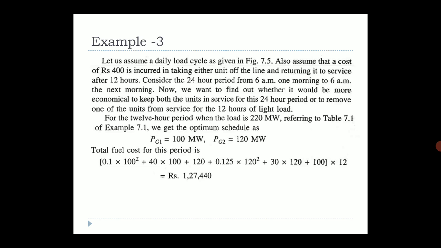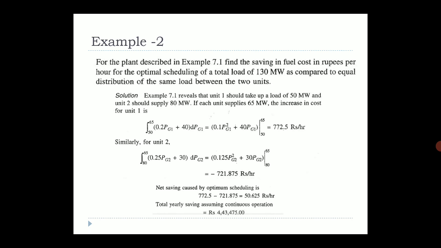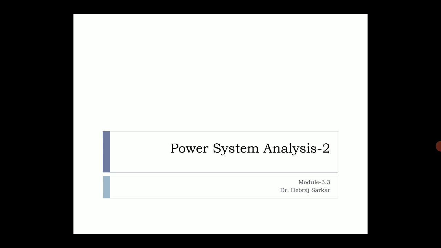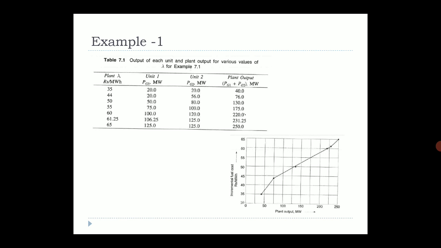So for the 12-hour peak period, the load is 220. Now, for 220, what is the economic way of distributing the load among the two generators? Well, let us go to the graph. For 220 megawatt, unit 1 should be 100 megawatt and unit 2 should be 120.